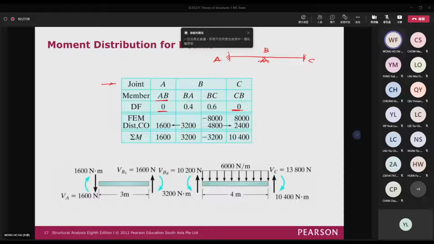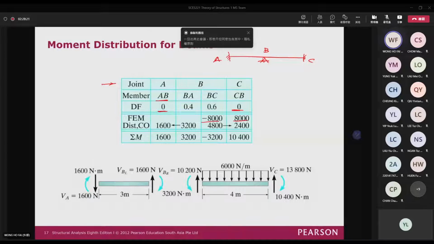So no distribution factor is allocated to the member end AB. And then for BA and BC, you can see that 60% will go to BC, while 40% will go to BA. So right here, first of all, there's an 8,000, which is negative here, applied at the end.